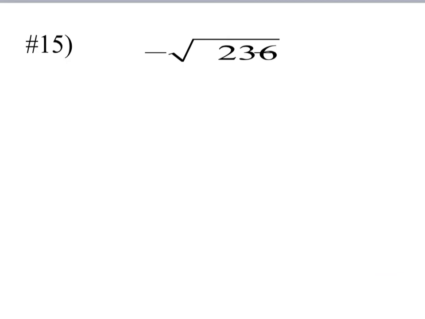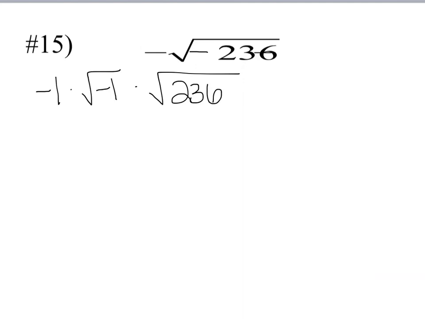And then this last one says negative square root of negative 236. So it's negative 1 times the square root of negative 1 times the square root of 236. So we'll leave negative 1 alone. Square root of negative 1 is i, and let's break 236 down. 236 is 2 times 118. 118 is 2 times 59.